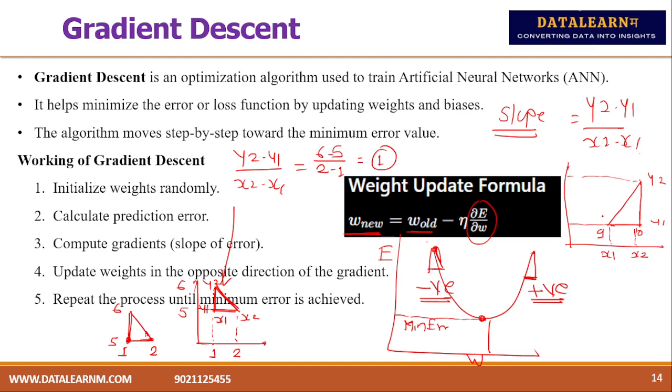So the graph will be different in this case. Basically, it will go in a different fashion. The slope should be negative in one case, and positive in another case.